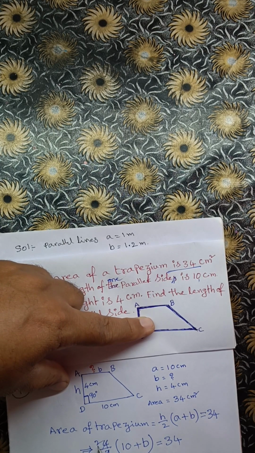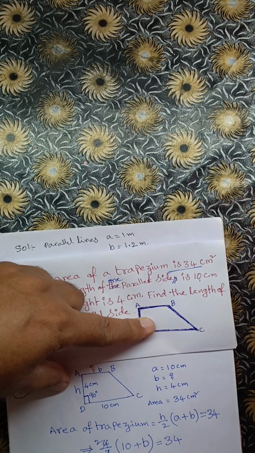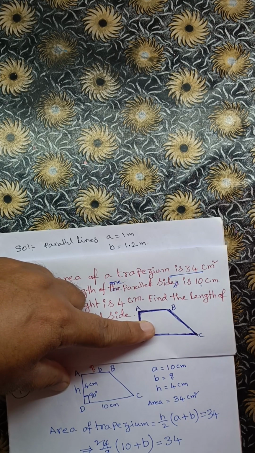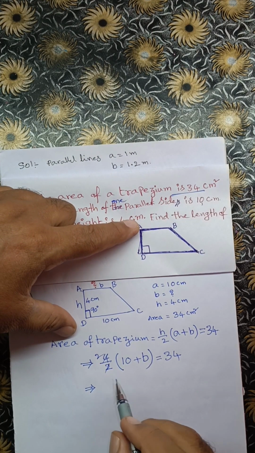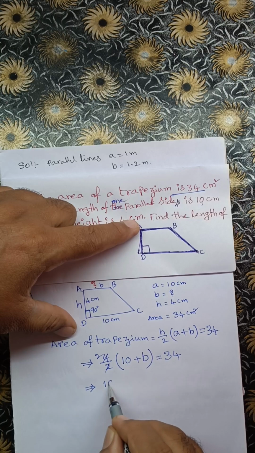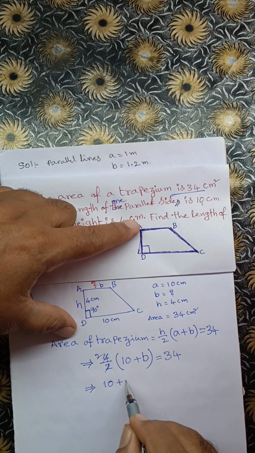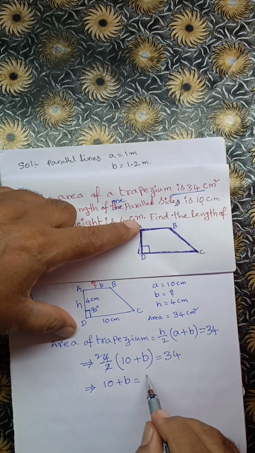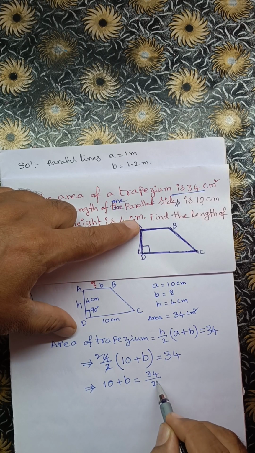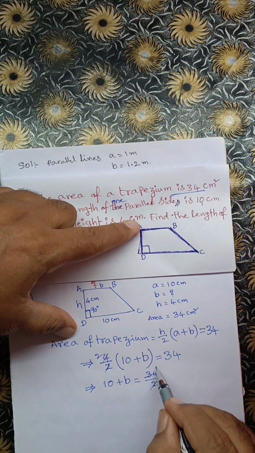So this 2 should be transposed into RHS. Then it will become 10 plus b is equal to 34 by 2. 2 ones are 2, 2 seventeens are 34.